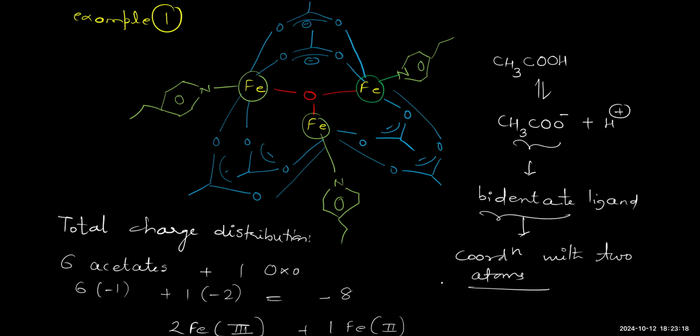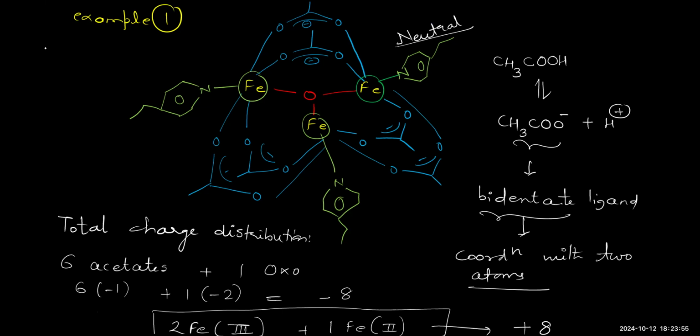If you go the other way, if you take 2 of iron 2, that will become 4 positive, and 1 iron 3, that will become 7. So only this particular combination is going to hold true for your total balance of the plus, right? And these are the neutral ligands, where only the lone pair of your pyridine is going to coordinate with the iron metal. Now, there are two solvents that have been used, and in two different solvent mediums, their Mossbauer spectra look different.